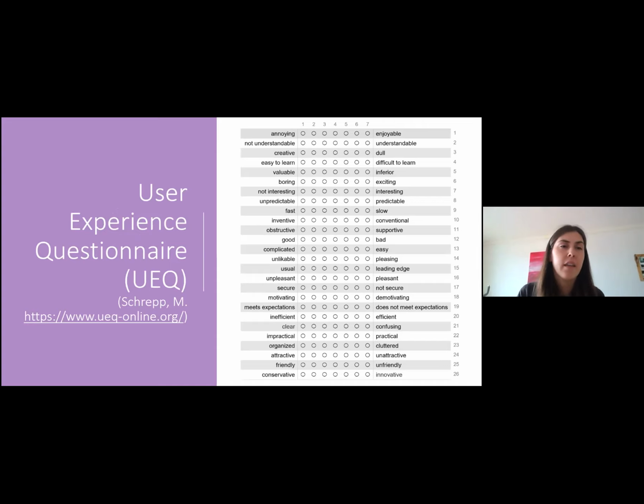It's a user experience questionnaire by Schrepp, and it has 20 items, which consist of opposite items, and students should define if annoying or enjoyable fits more for this tool.